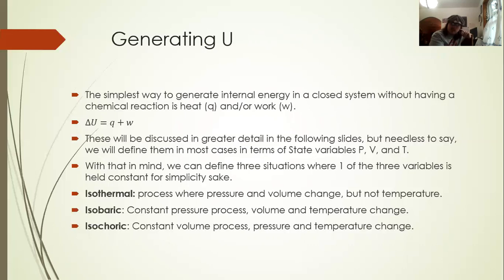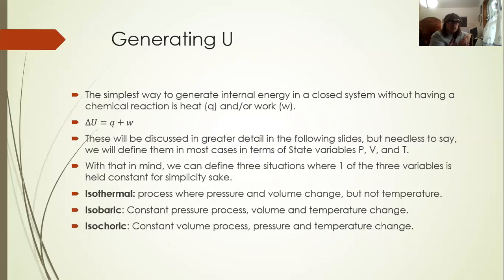But with that in mind, we can start by defining 3 major situations where we keep one variable constant for simplicity's sake. And we'll deal with these separately. So we can think of an isothermal system. So a reaction or some sort of process where the temperature remains the same.